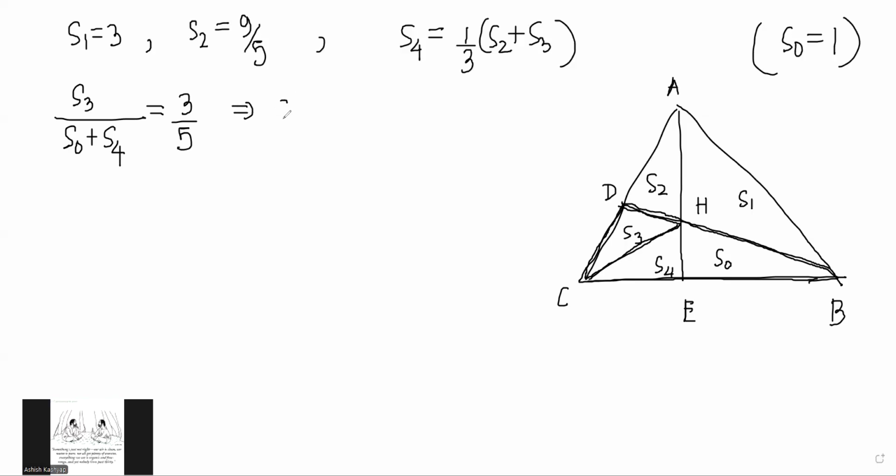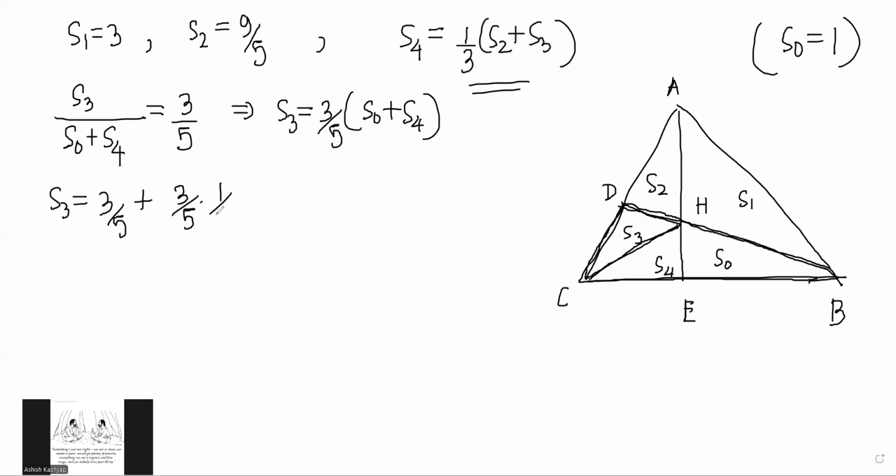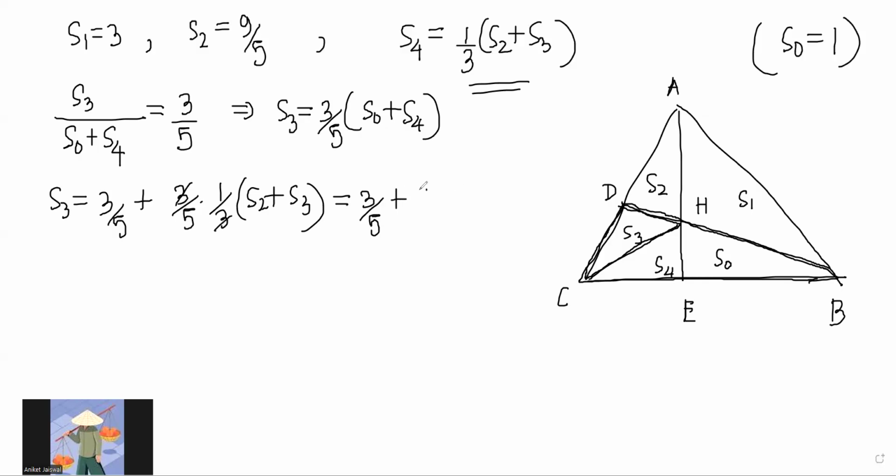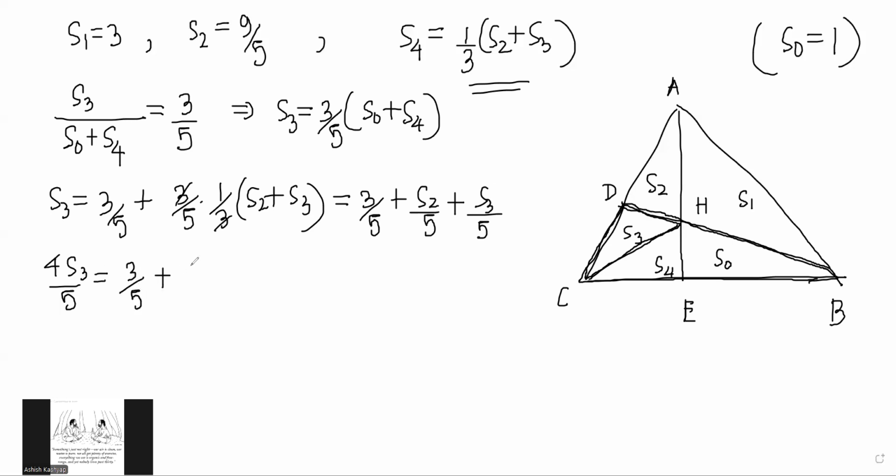So from here we are getting S3 is equal to 3 by 5 into S0 plus S4, and S0 we have assumed as 1. So S3 is equal to 3 by 5 plus 3 by 5 S4. So 3 by 5 into S4 is 1 by 3 of S2 plus S3, right? 3 by 5 plus S2 by 5 plus S3 by 5, right? You're getting 4 S3 by 5 is equal to 3 by 5 plus S2 by 5, right?